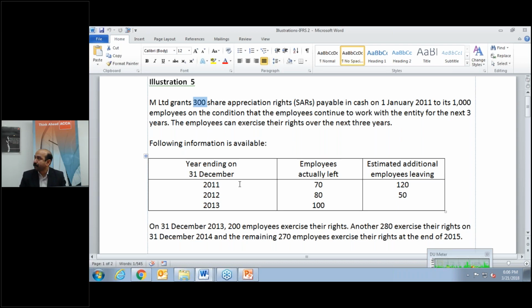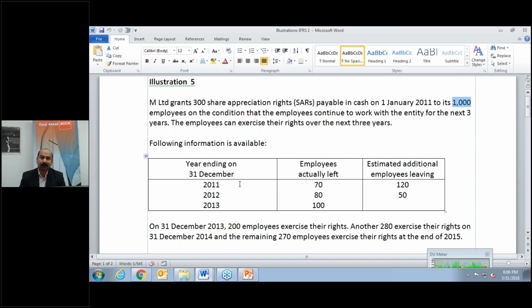Then there are 1,000 employees. This figure may change. We need to re-estimate it at the end of each accounting period. But 300 will remain the same. Then fair value of these SARs will also change. Only the fixed amount, in the given scenario, is 300, the number of share appreciation rights.